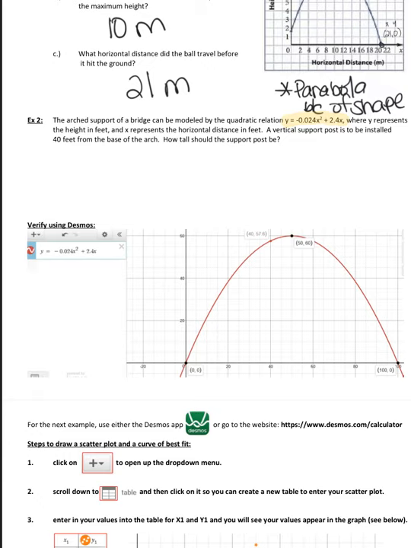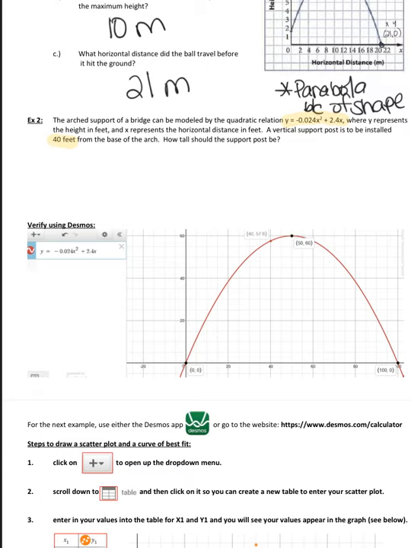So there's some things that we do know. So for instance, we know that the maximum height here is going to be 40 feet, okay? And we know that the maximum height is going to happen at 40 feet away. So basically, if this was my graph, I know that at 40 feet away from this pillar, I'm going to have my post here, okay?